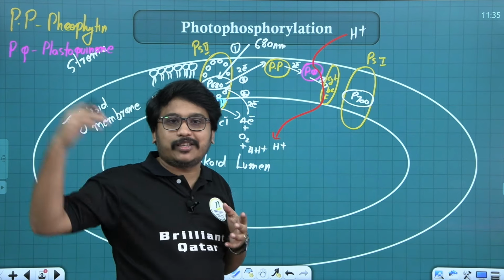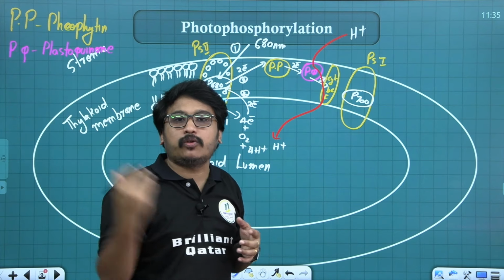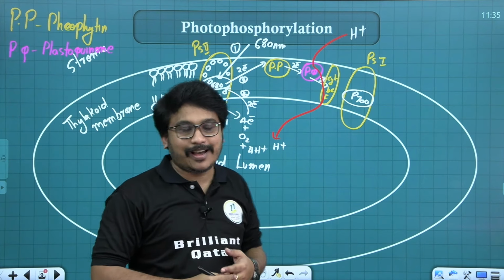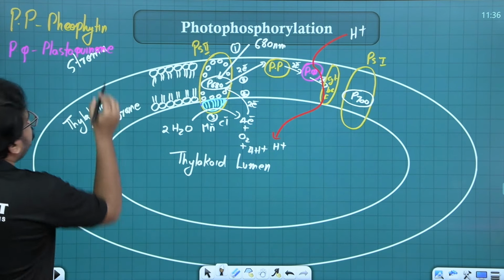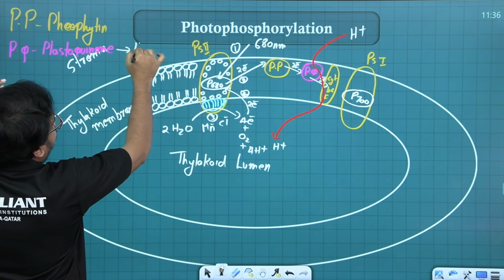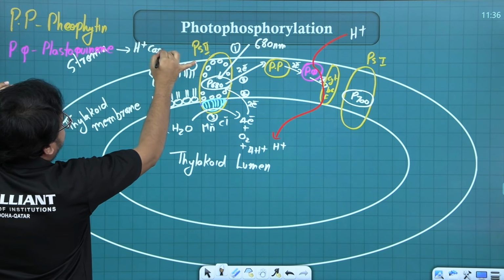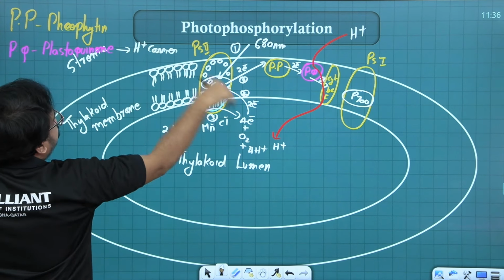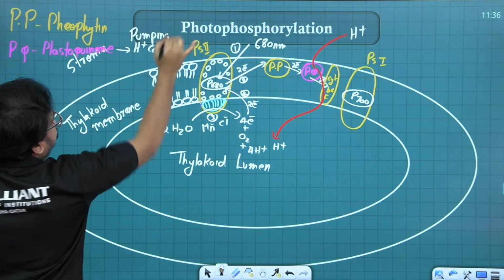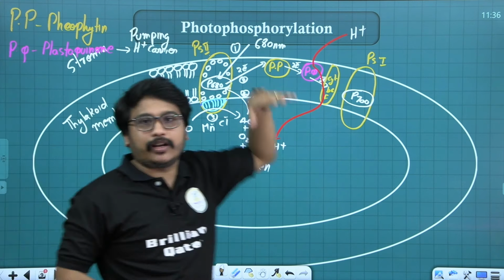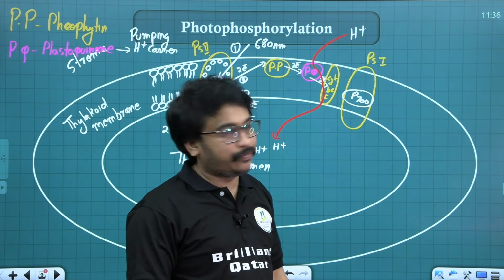So like that, you can see the H+ is moving from the stroma to lumen of thylakoid, and it is done by plastoquinone. Remember, plastoquinone is a H+ carrier, and they actually push the H+ by energy. They are pumping H+. Pumping means it should be from low to high. That is what you should remember.